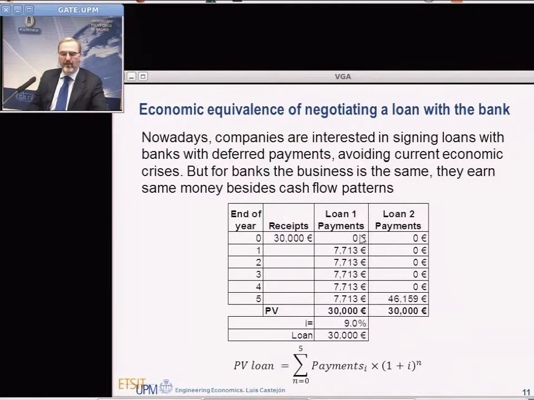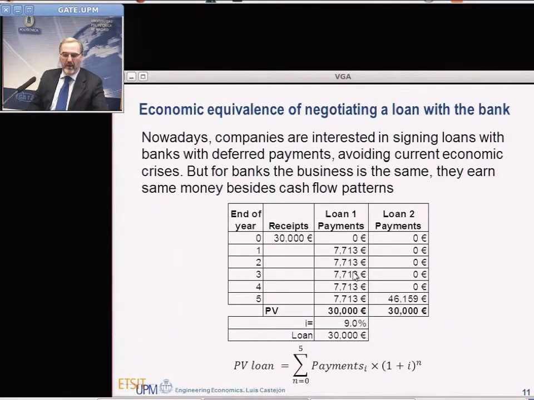What is the present value of each one of these cash flows? If you apply the formula, the present value today of the payment of year 1, 7,713, you calculate divided by 1 plus the interest rate, which is 9%, to the 1 power.